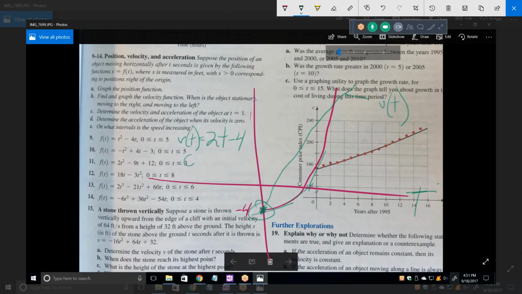So I set that equal to 0 and I solve this equation. And I get at time 2, the velocity is 0. Well, if I go over here to my velocity chart, that's where the velocity is 0, and that's at time 2.